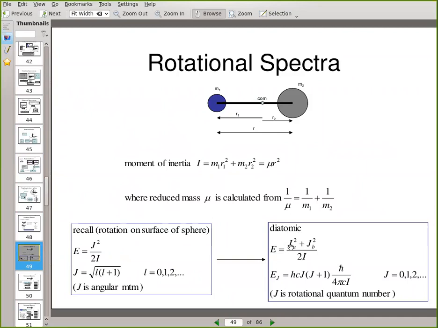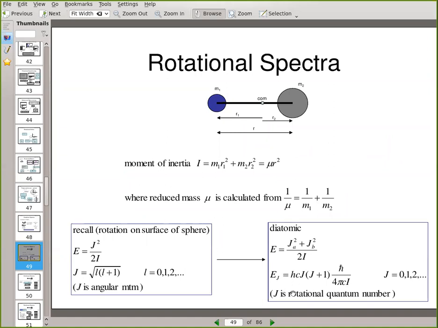We just add the two angular momenta for the different atoms together over 2I, and so of course it simplifies down to a rotational quantum number. This is a different J. The rotational quantum number is also called J here, and the expression looks like this for the energy levels.